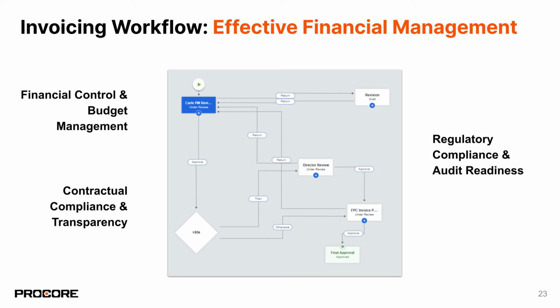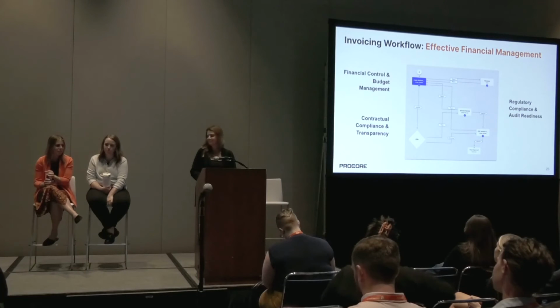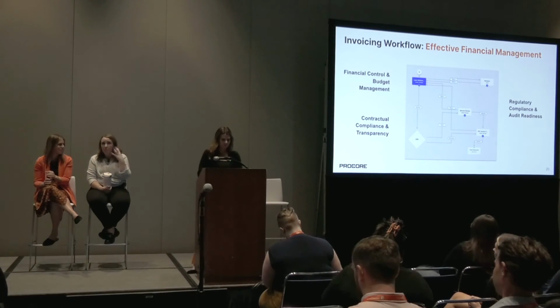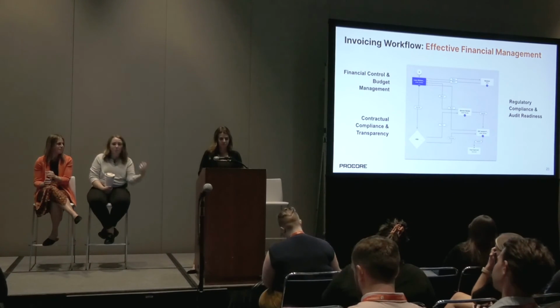So it's awesome. And Alicia, when we were preparing for this presentation, that was a comment that you made. How much time and money would you say that saved you? Yeah, it saved us a ton of time and money. It feels like days. Prior to Procore, we had a very disjointed system, meaning when our contractors wanted to get paid, they would send it to our accounts payable team.